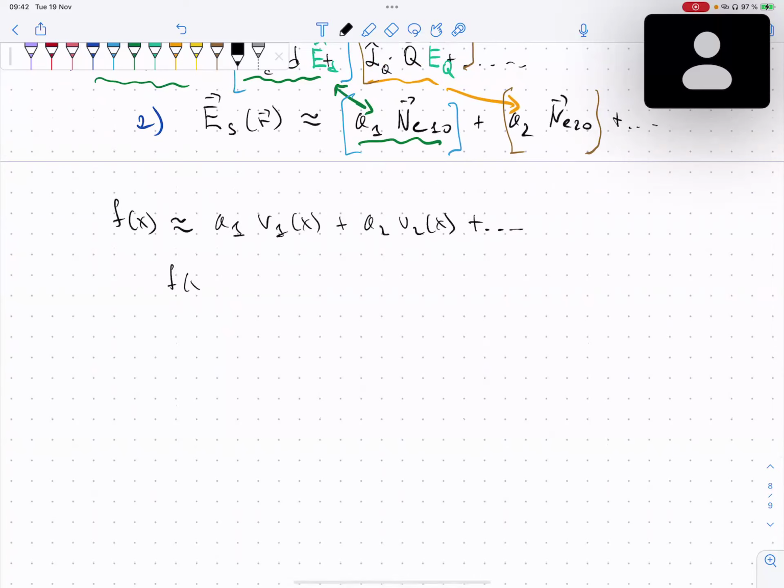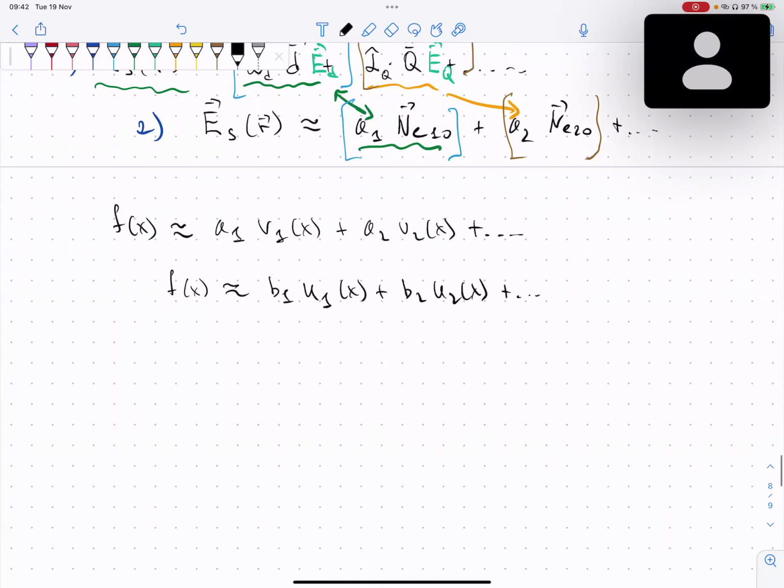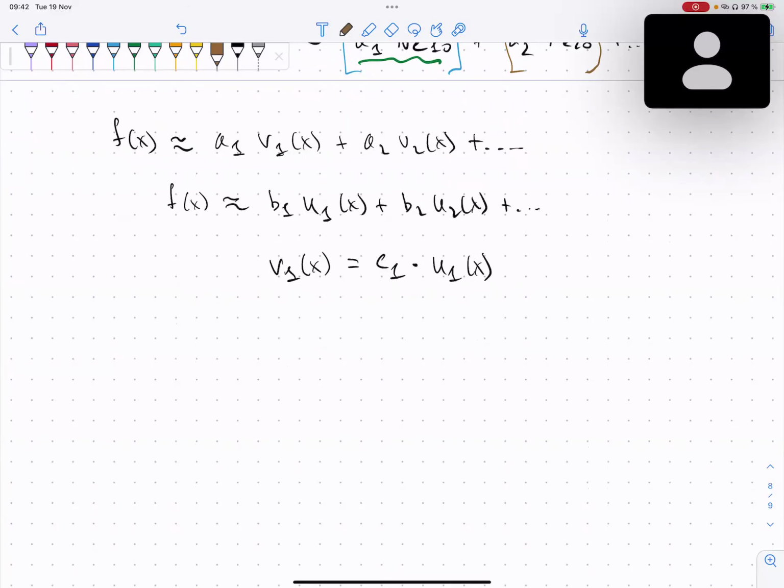And you have another expansion like B1 U1 of X plus B2 U2 of X, and so on. You notice that V1 of X is equal to C1, just the coefficient, multiplied by U1 of X. So you just compare these two expansions, and you get that A1 multiplied by C1 is equal to B1, something like this.